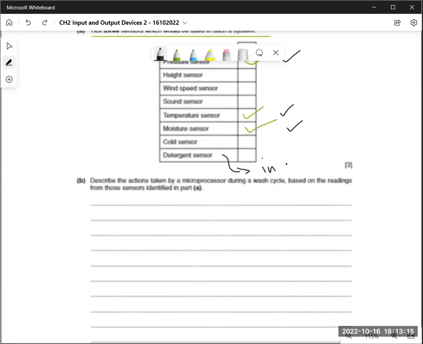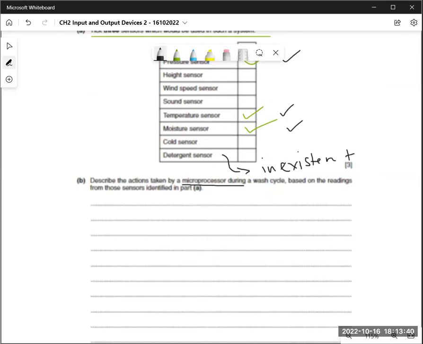Now read the next question, Rania. Describe the action taken by the microprocessor during a wash cycle based on the readings from those sensors identified in part A. All right, then forget it. For example, the temperature sensor can control the temperature at which we want to wash the clothes, whether it's gonna be high or low.